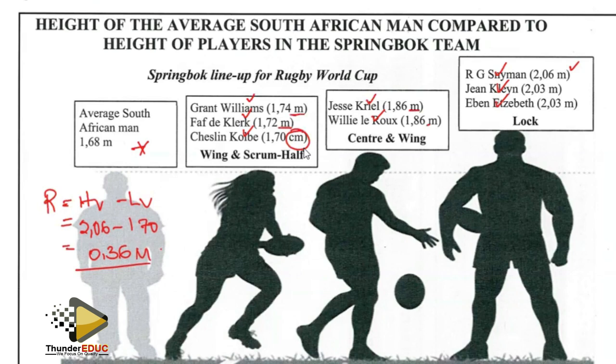We can't have someone having 17, because if you change this in meters to meters, it will give you 0.017 meters, which is not all right. This was a mistake here. All right, leave it like that and we continue.